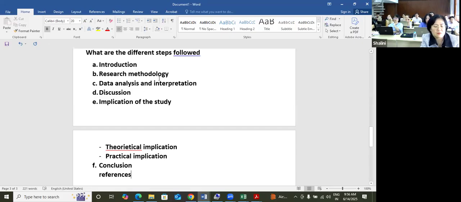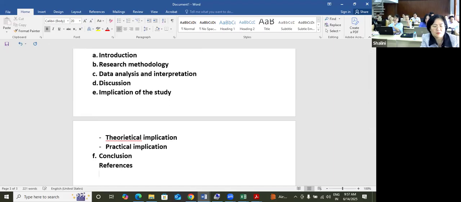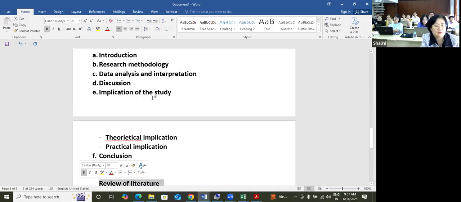Now let me tell you, there is one section that is missing in here, right? Normally when we write papers, we write one more section and that is called a review of literature. But when we are talking about an SLR paper, that section is missing. We do not have the review of literature section because we are doing the analysis of past papers here.